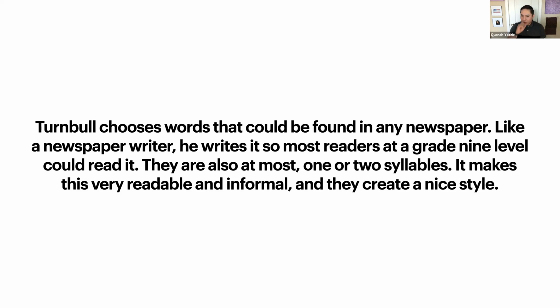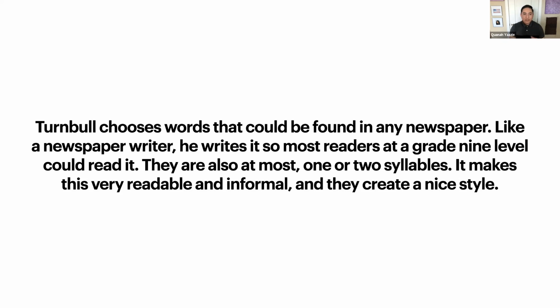So for this one, when you take a look at this entire phrase, something is happening in the transition relative to who the actual subject is that each sentence is talking about. Take this first sentence: Turnbull chooses words that could be found in any newspaper. Then the next sentence: like a newspaper writer, he writes it so most readers at a grade 9 level could read it.